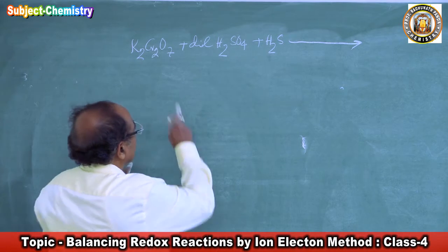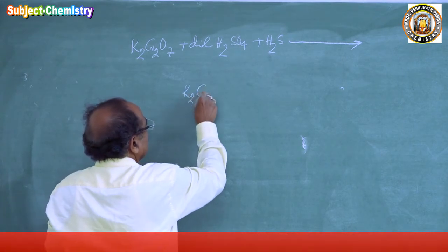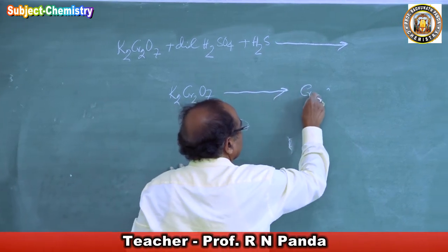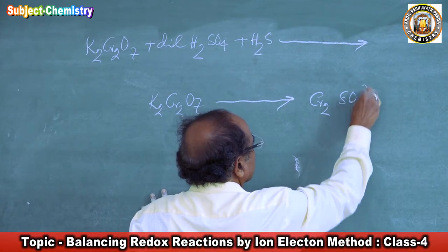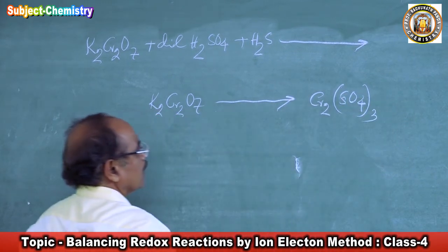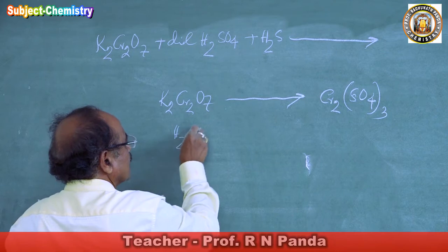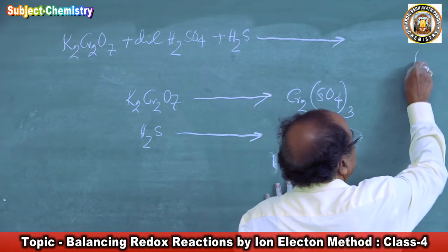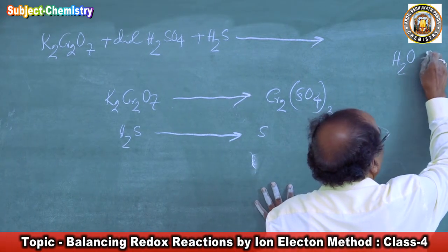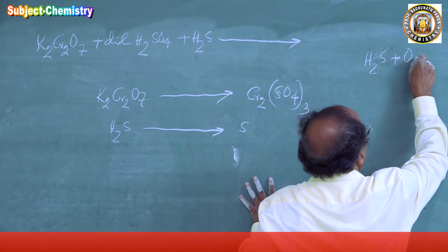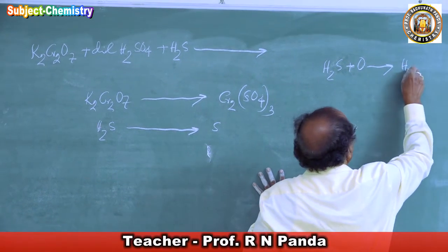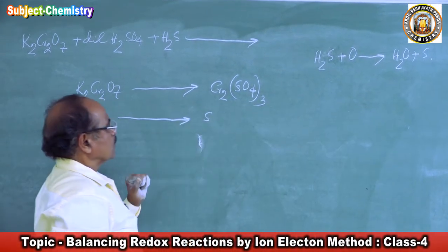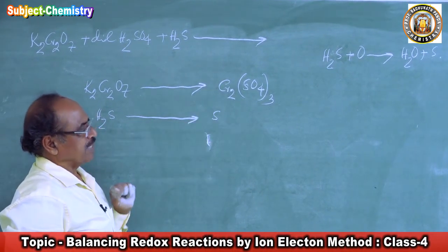So here potassium dichromate K2Cr2O7 in acid medium becomes Cr2(SO4)3, and H2S will become sulfur. Why? The [O] of potassium dichromate reacts with H2S plus [O] to form H2O plus sulfur. So oxygen oxidized sulfur. These are the half reactions for this.